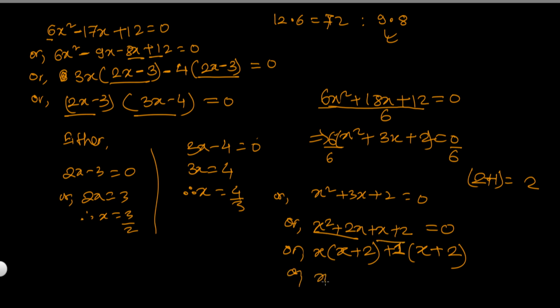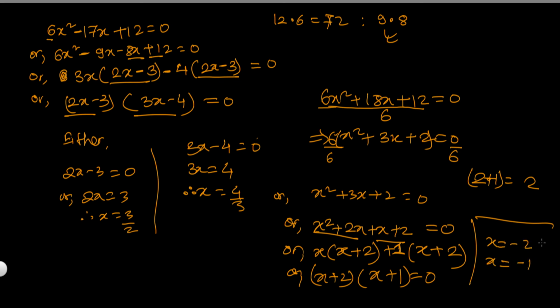So x plus 2 and x plus 1 will be the factors for the given expression, but it's equal to 0. So on solving it, you're gonna have x equal to -2 and x equal to -1. So this is how you use the factorization method to solve the quadratic problem easily.